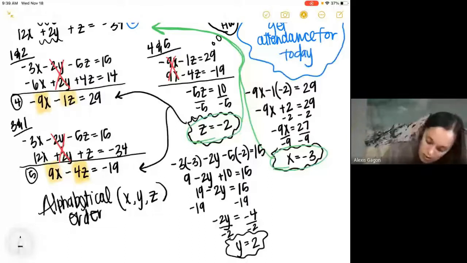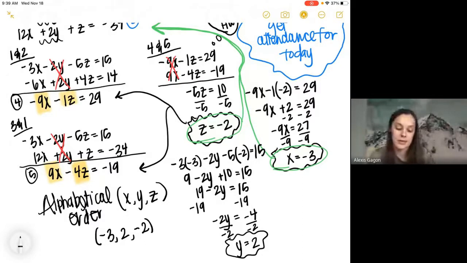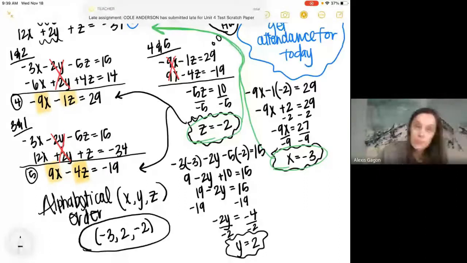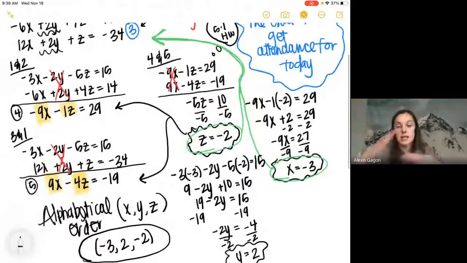So this is going to be our x variable is negative 3, y equals 2, and z equals negative 2. This is our answer. So that means, because these equations up here are planes, each of these planes are crossing at the point negative 3, 2, negative 2. If we're in like a 3D space here.